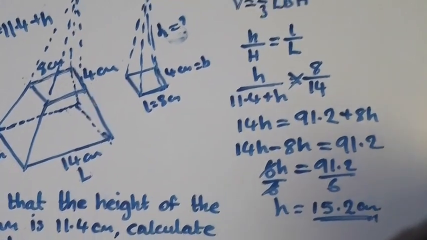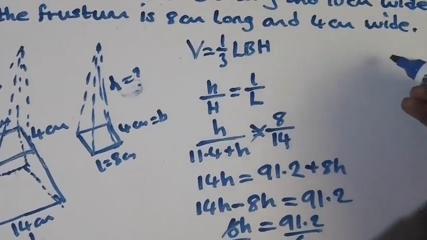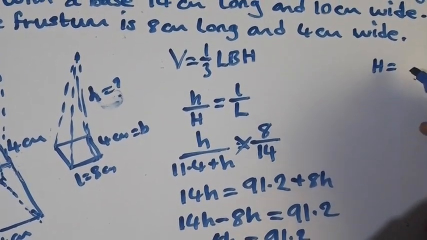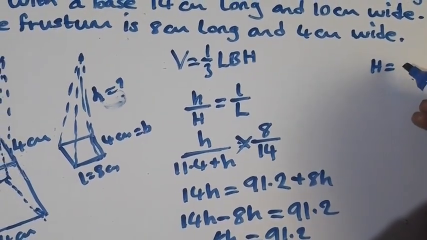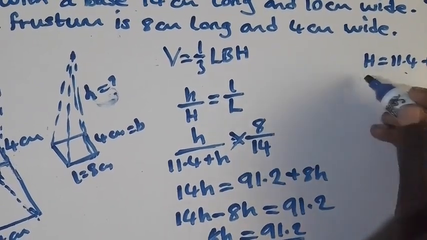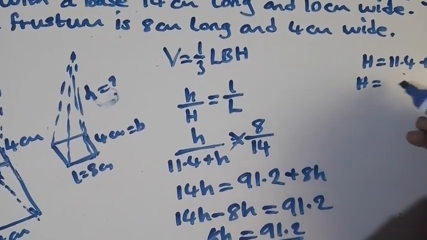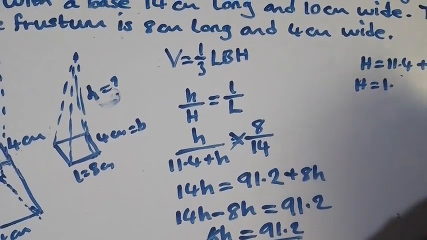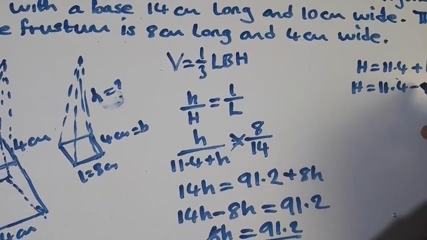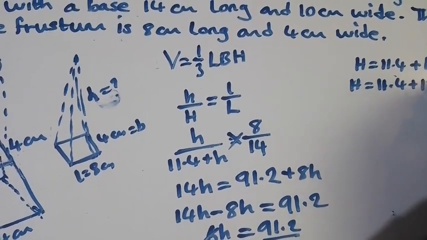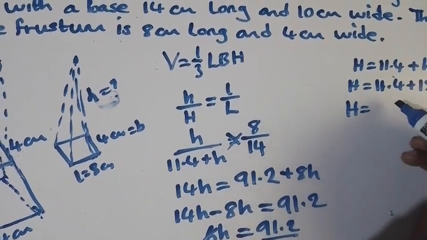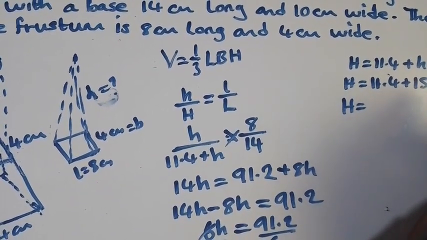So now let's gather data. Capital letter H will be equal to 11.4 plus small letter h, which we have calculated. So capital letter H equal to 11.4 plus 15.2.